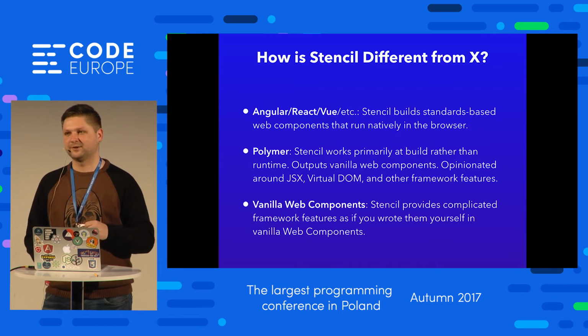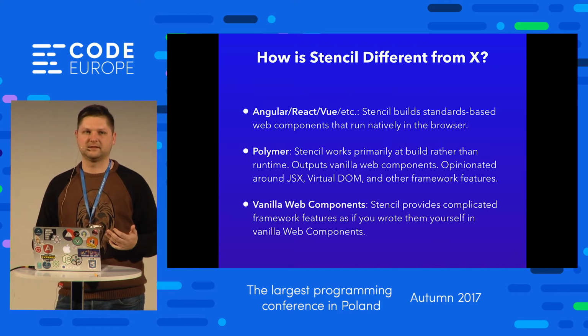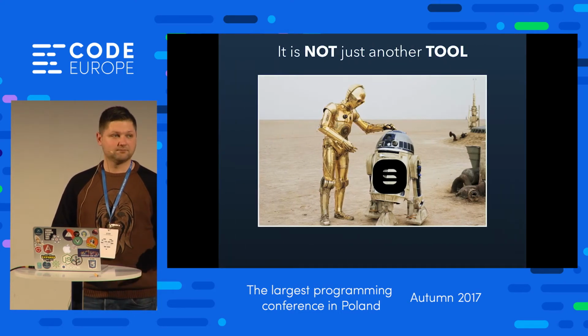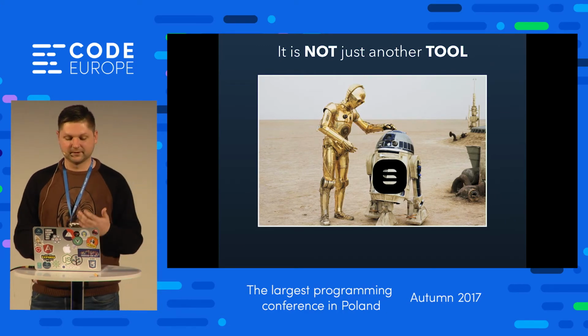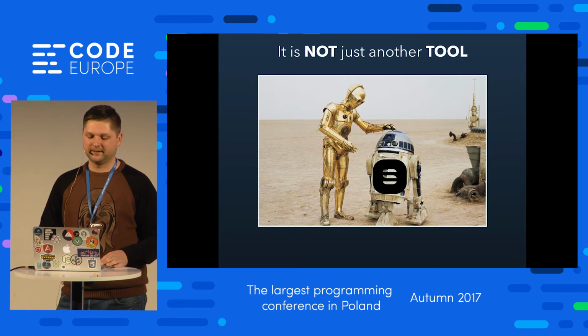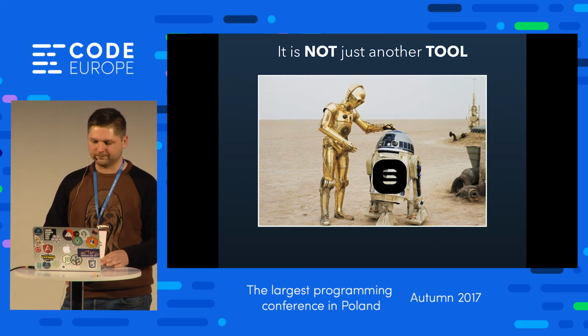Integrating such things in Polymer is possible, but it requires a lot of work from your side. And compared to vanilla web components, Stencil gives you the ability to simplify complicated things, boilerplate, and so on.